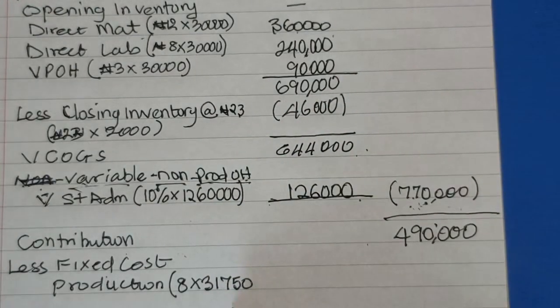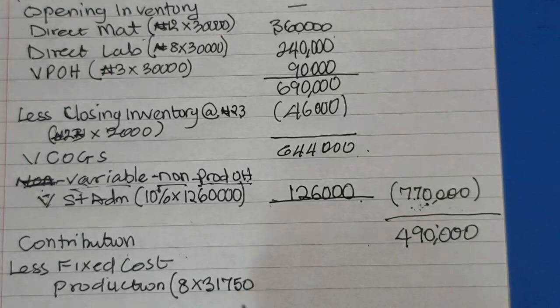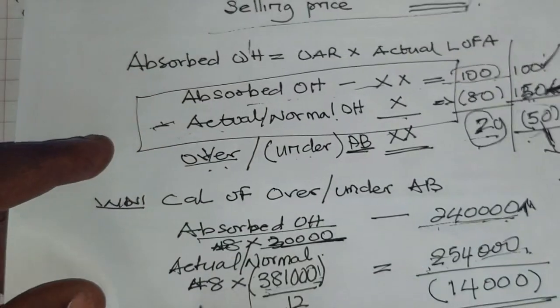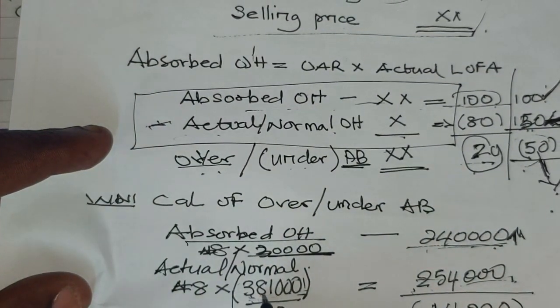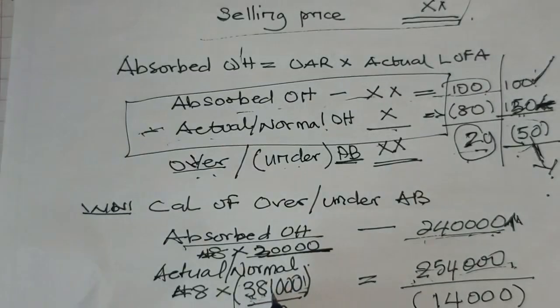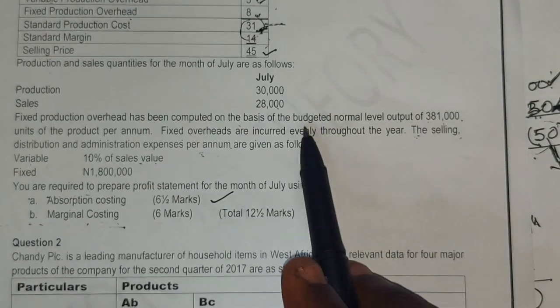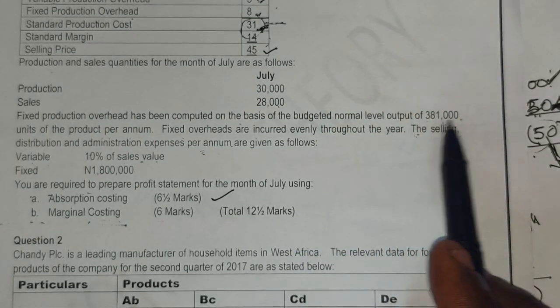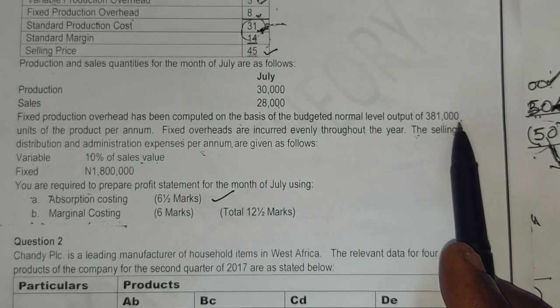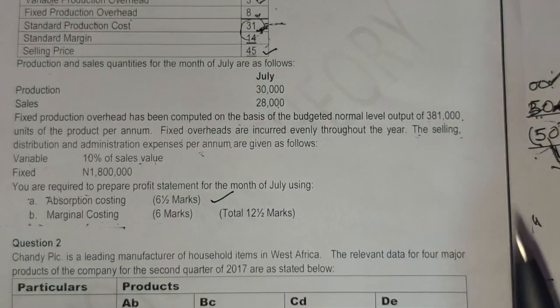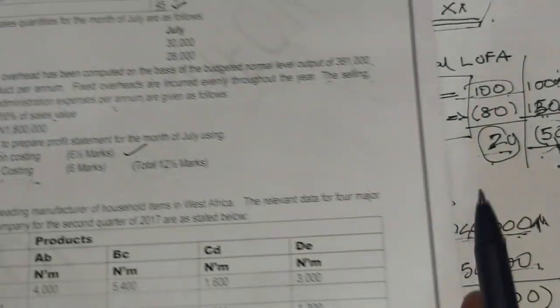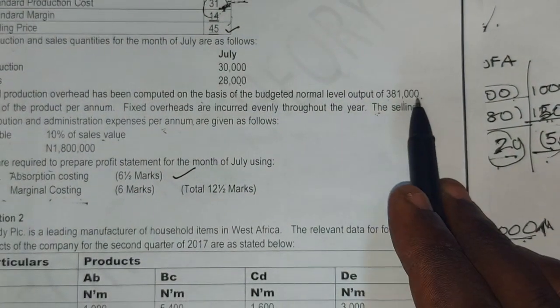I told you how we arrive at this. That is being given in the question as the budgeted normal level of output. That's the normal or the actual normal. So you divide this by 12.